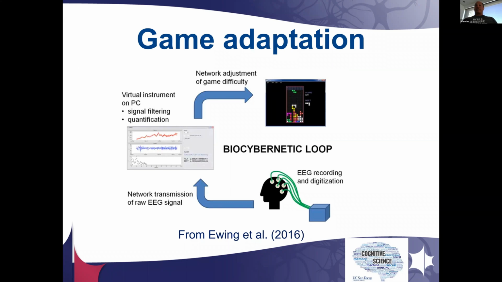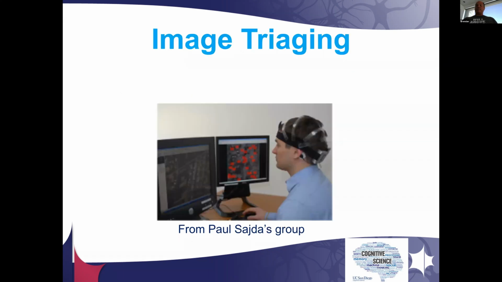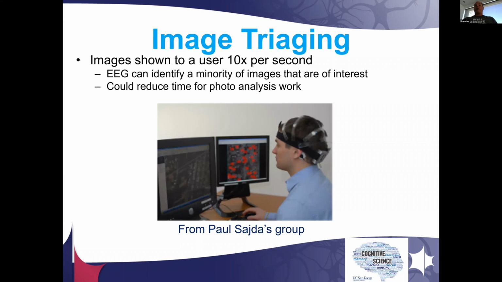You can do similar things with game adaptation. So this is one paper where they were working on adapting the game Tetris so that it becomes more or less difficult based on EEG activity. Paul Scheida and colleagues had this quite a while ago, where you can show images very quickly and you can try to identify which images are of interest to the end user.